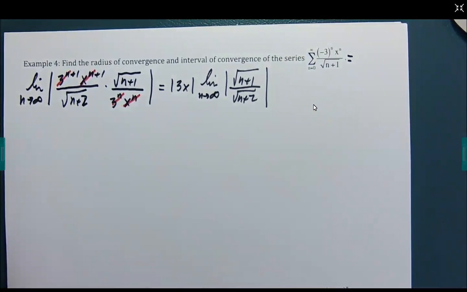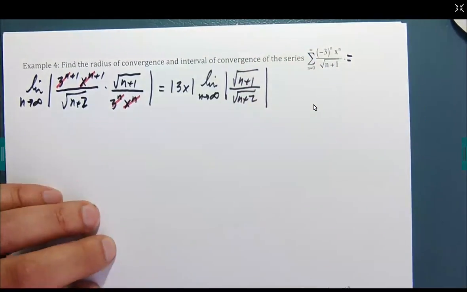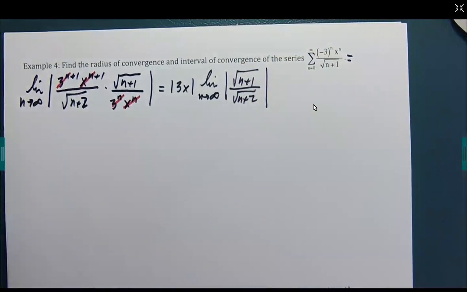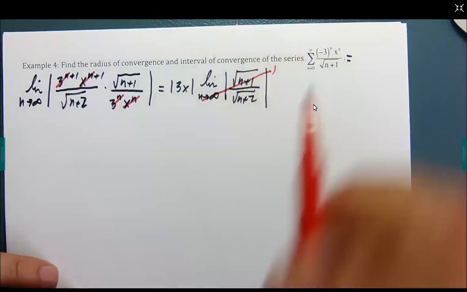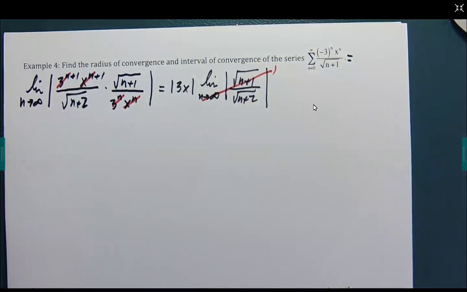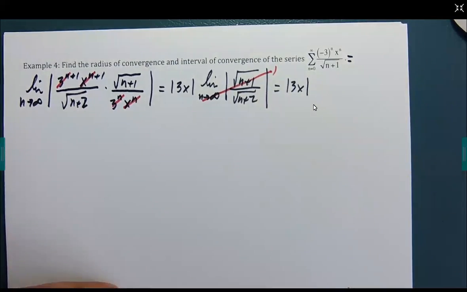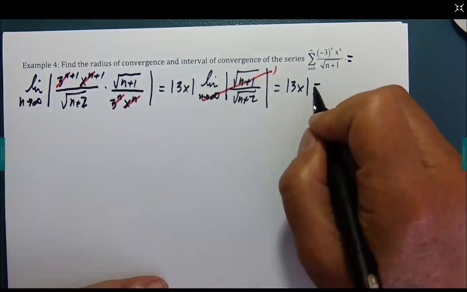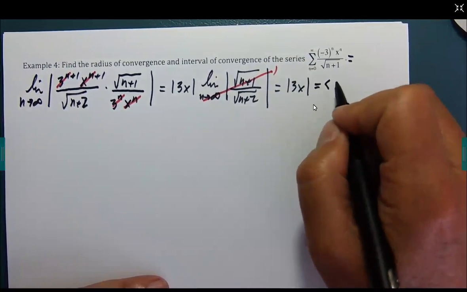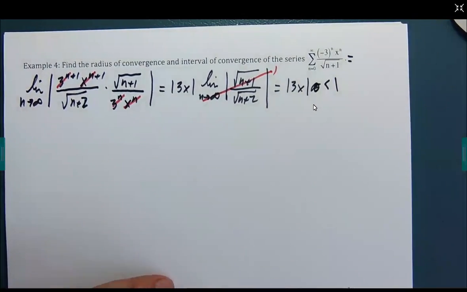And what's going to happen is this limit here, because the lead degrees are the same, turns into a giant 1. So we get the absolute value of 3x. And for it to converge, this whole thing has to be less than 1.